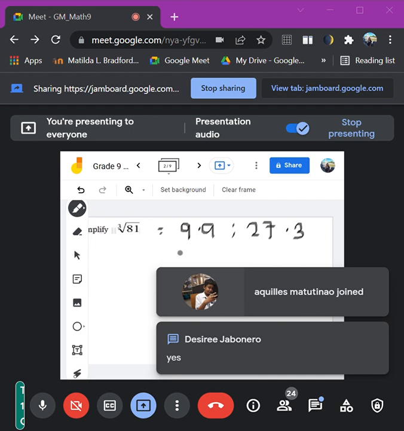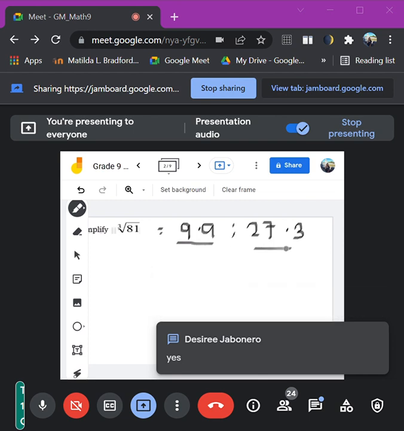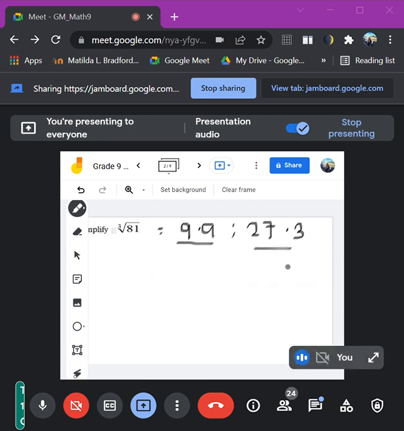Yes. So, which of these will we use, class? Look at which one can be cubed: 9 times 9 or 27 times 3?